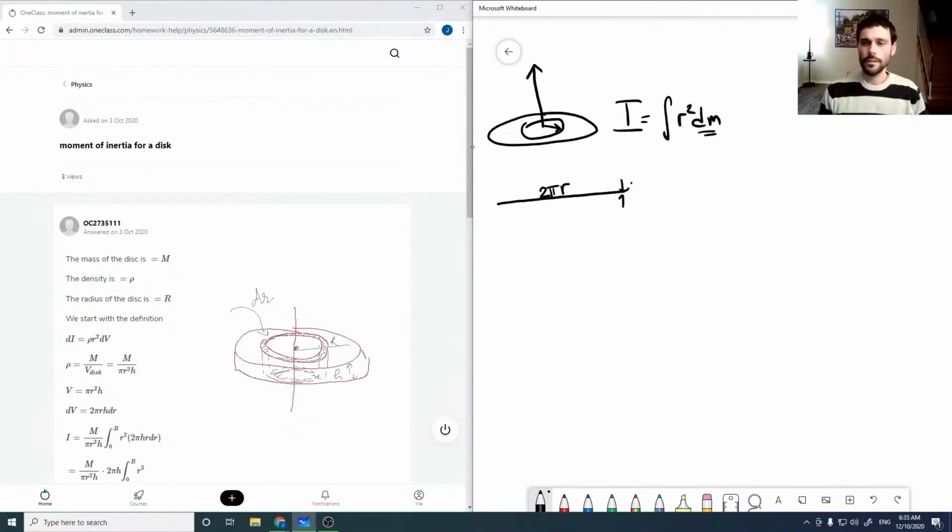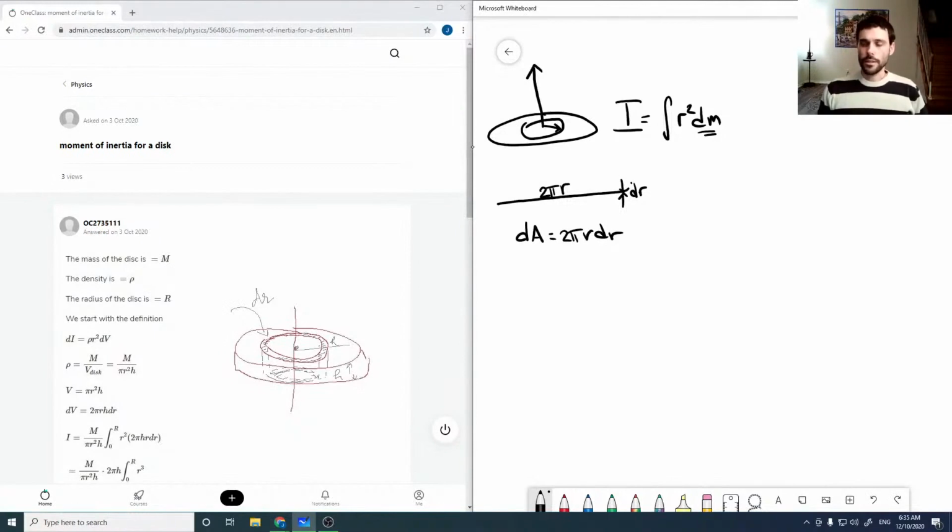And its thickness is dr, giving it an area, or a small unit of area, of just 2 pi r dr. Right, so we're considering it as a rectangle, so you just multiply the width times the height.